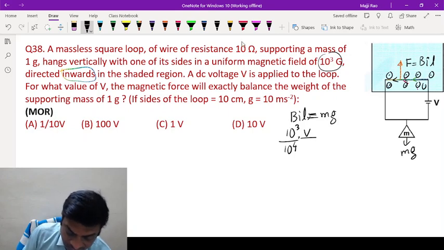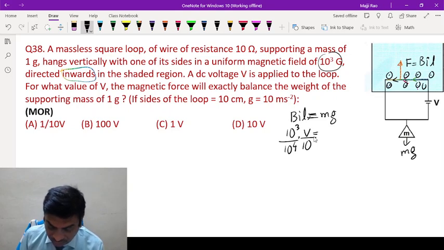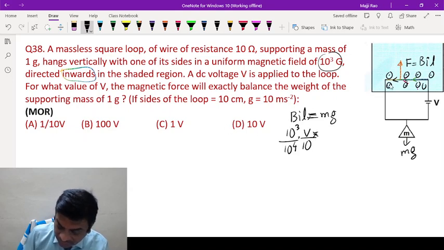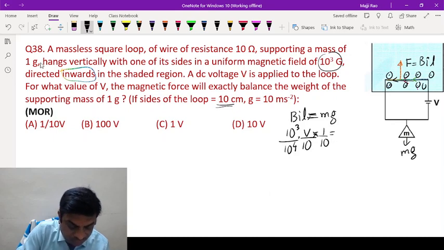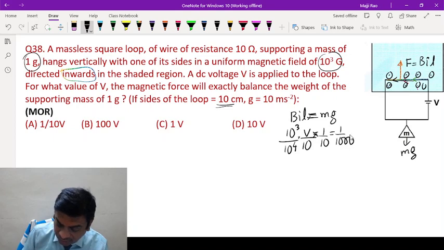Resistance is 10 ohm. Into length. Length is 10 centimeters given. So 10 centimeter means 1 by 10 meter is equal to mass. Mass is 1 gram. So 1 gram to be converted into kilogram, divided by 1000, and g is 10. So I hope this should give us the answer.